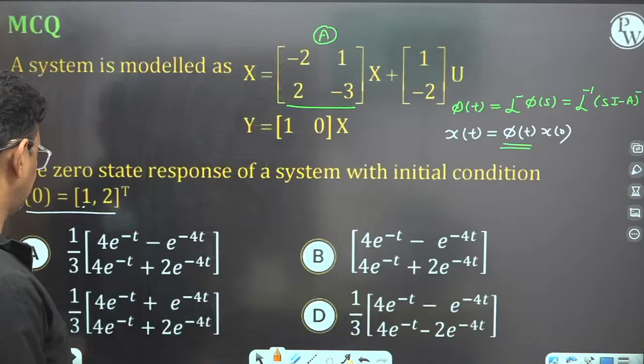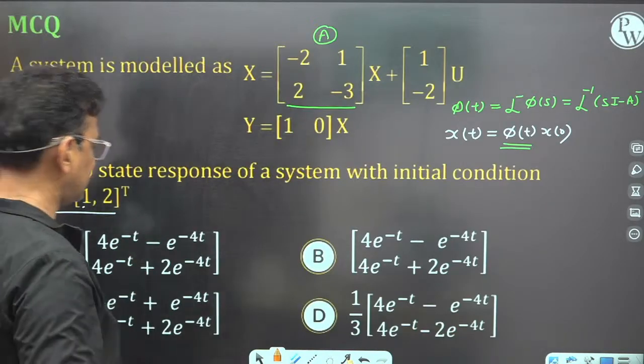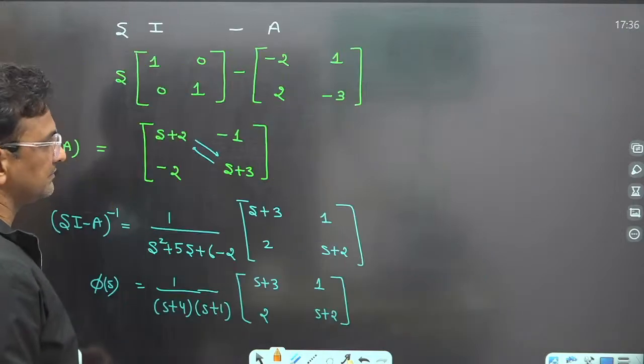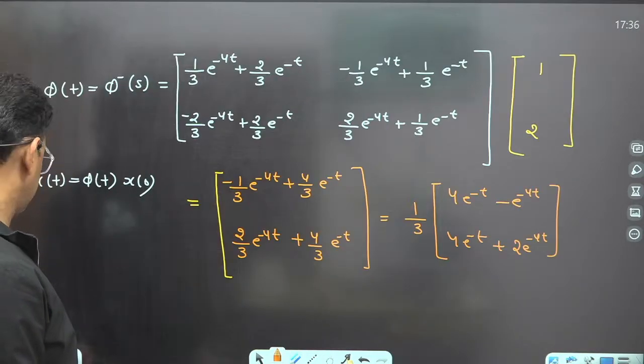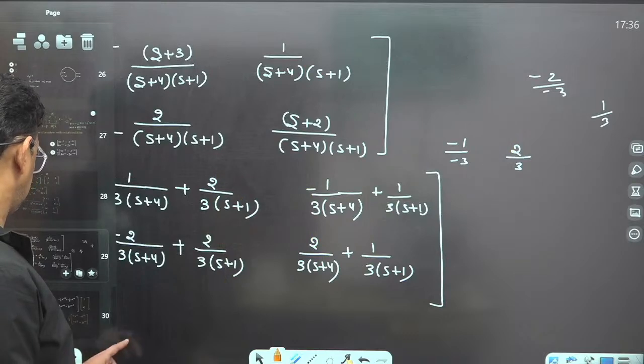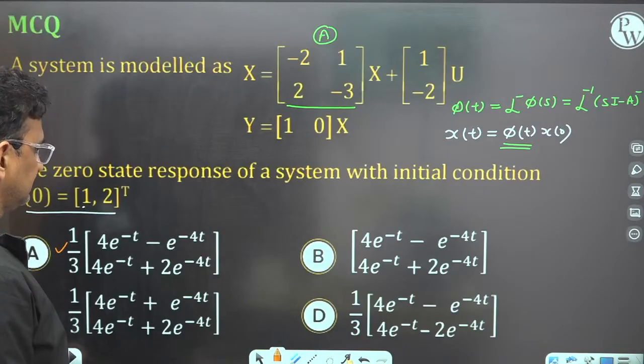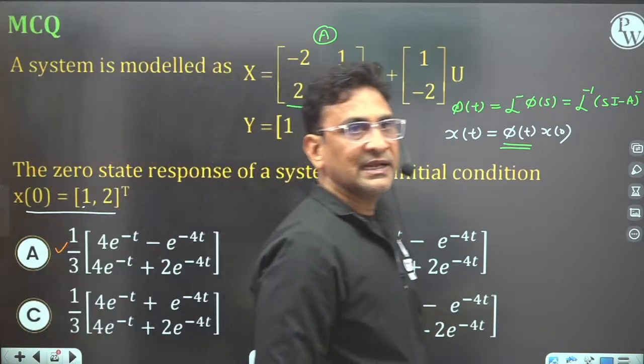Option A is the correct answer. Clear? So, a slightly lengthy question.